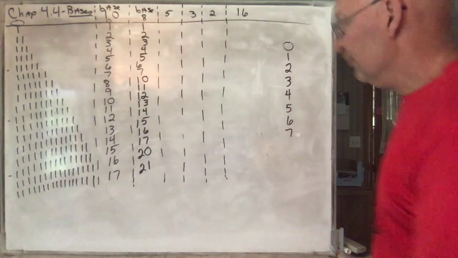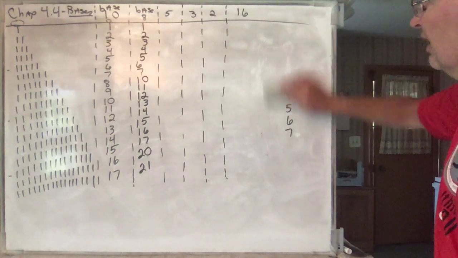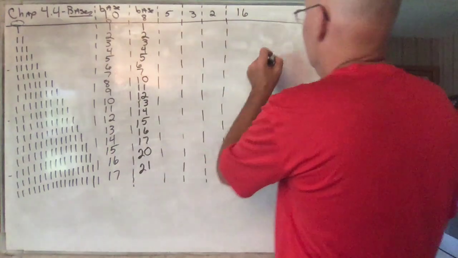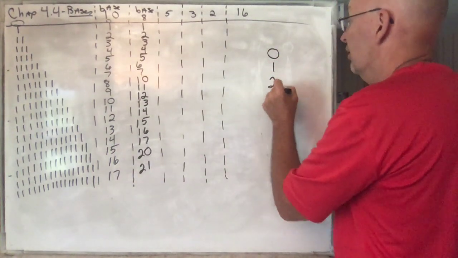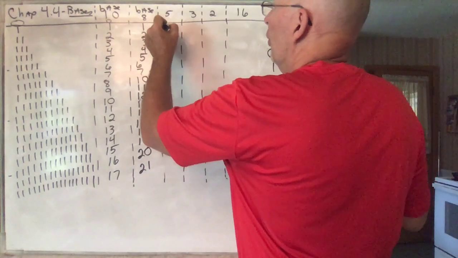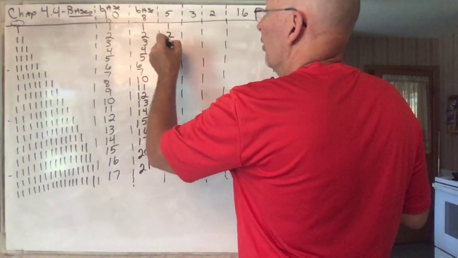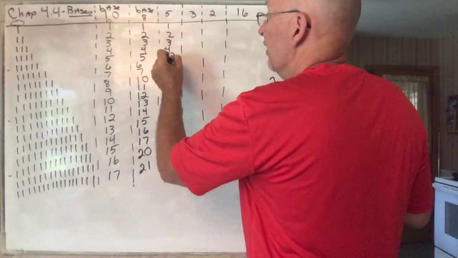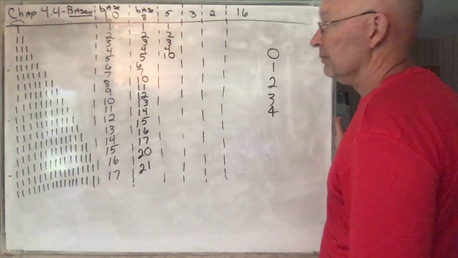Okay? Let's try it with base 5 and see what we get. So here's our symbols. Here's our 5 symbols. So we're going to go 1, 2, 3, 4. Now I have one group of 5 with none left over.